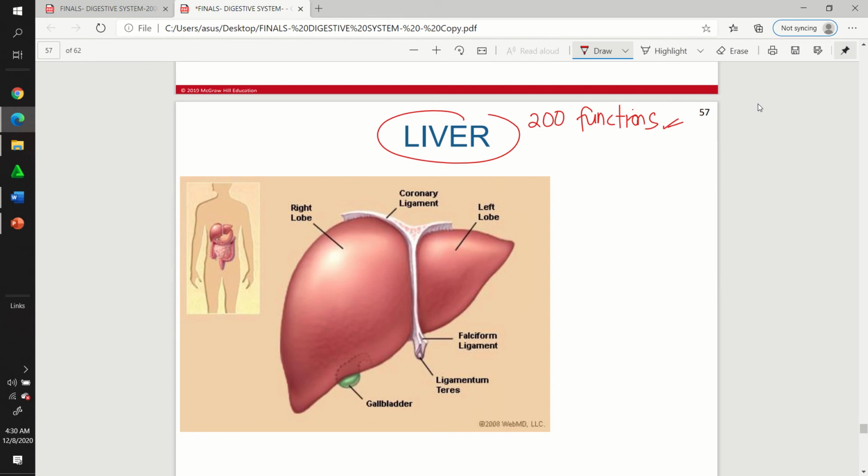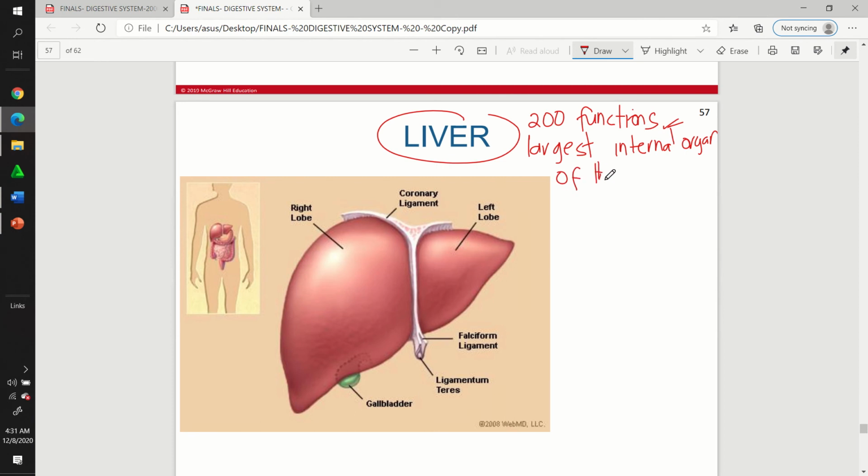This is the digestive system. What is the digestive function of your liver? It is actually considered the largest internal organ of the body.